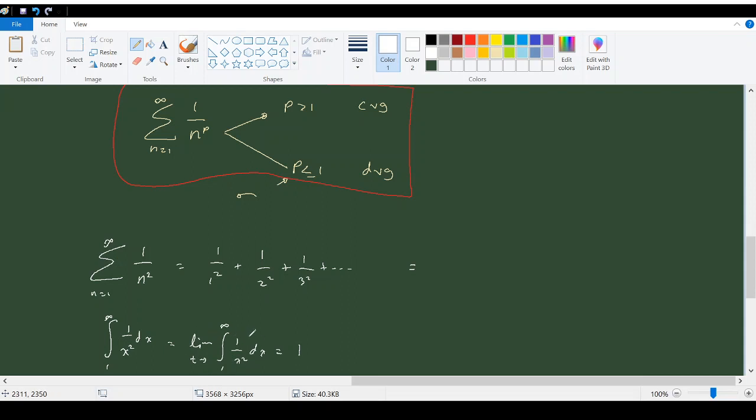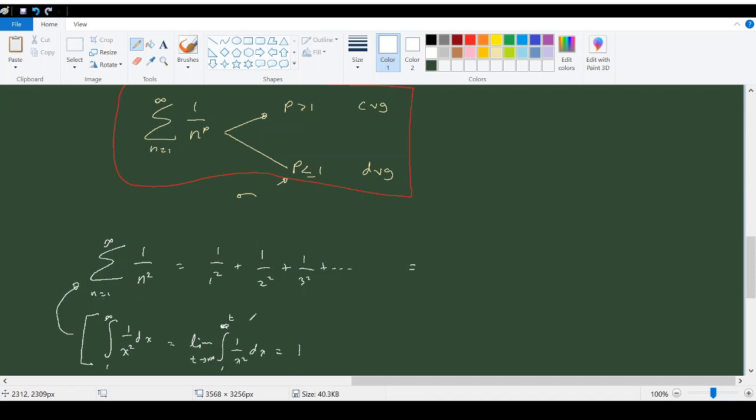By evaluating this, here you should have t, and the answer for this limit is equal to 1. That means this integral is equal to 1, right? So from the integral test we can say that since this converges, this series will also converge.